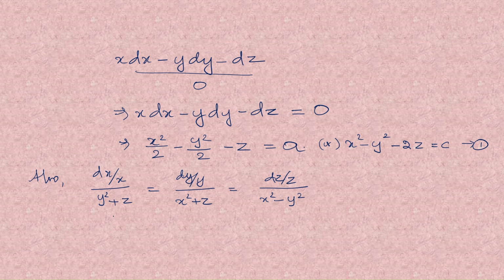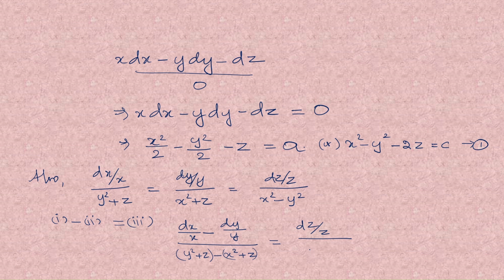Now what we are going to do here is consider the first ratio minus the second ratio and equate it with the third ratio. So dx by x minus dy by y, divided by y square plus z minus x square plus z, is equal to dz by z divided by x square minus y square.